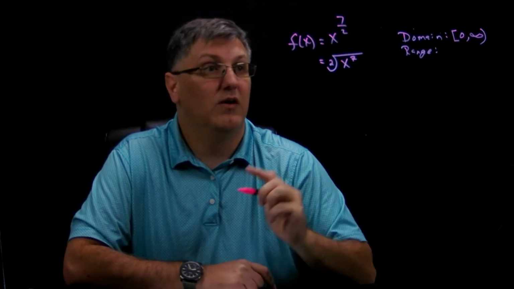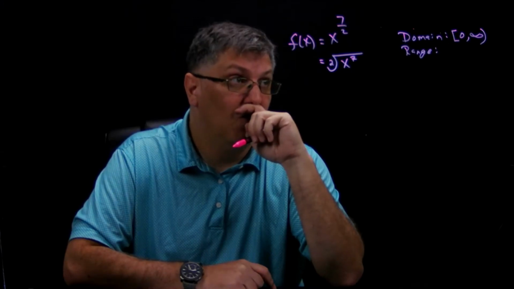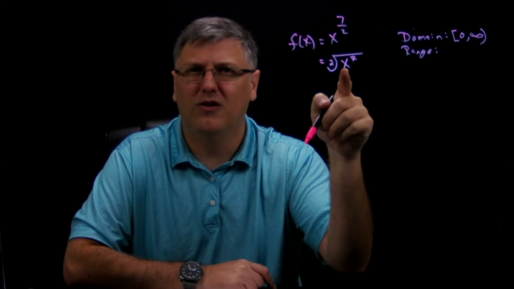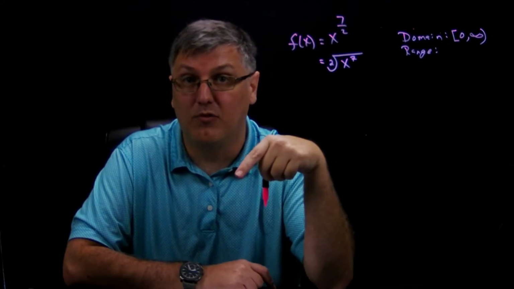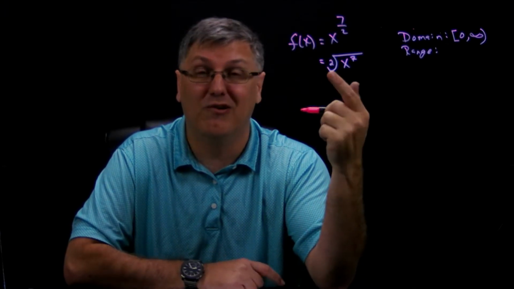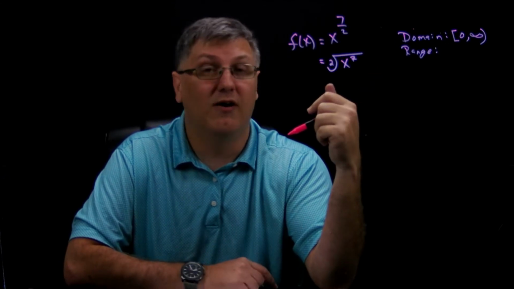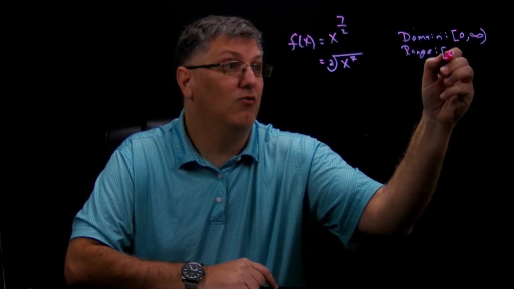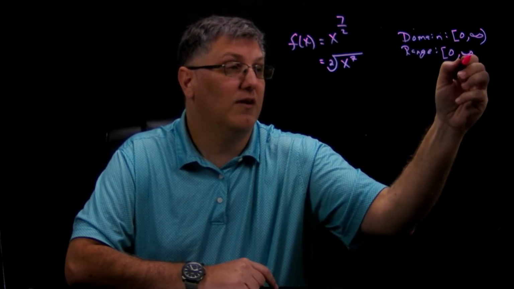Easy enough. Let's think about my range. Well, if these are only positive numbers for my input, I can only have positive numbers for my output because I've never taken a square root and gotten a negative number. Not if I did it correctly. So my range, I'm going to start at 0 again because we could do 0, and that's going to be infinity.